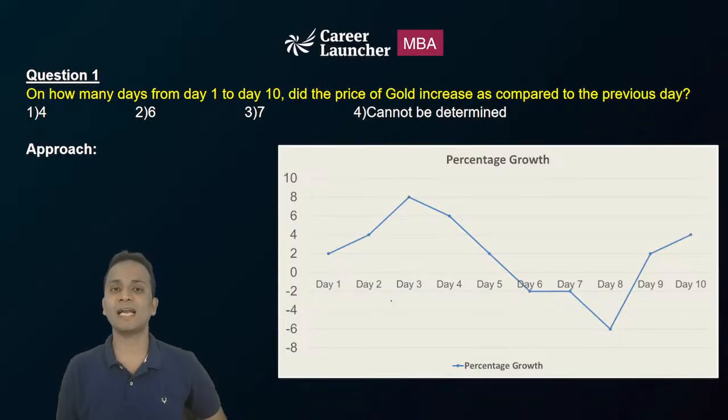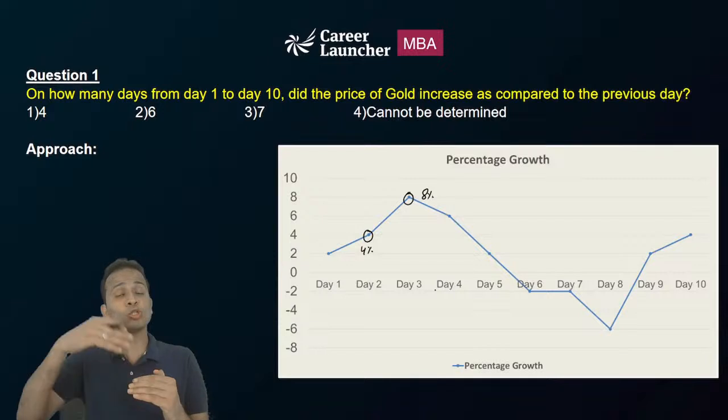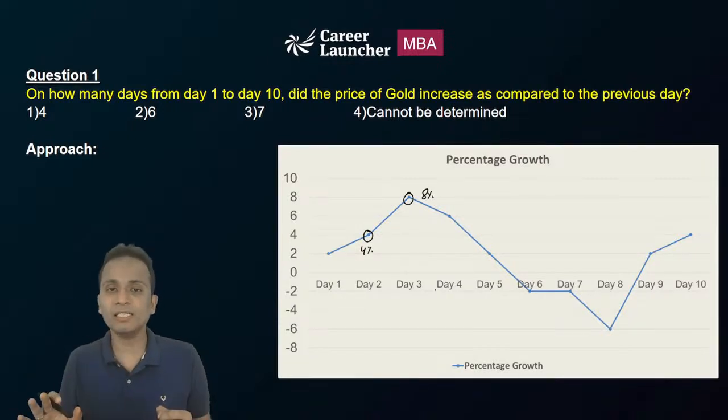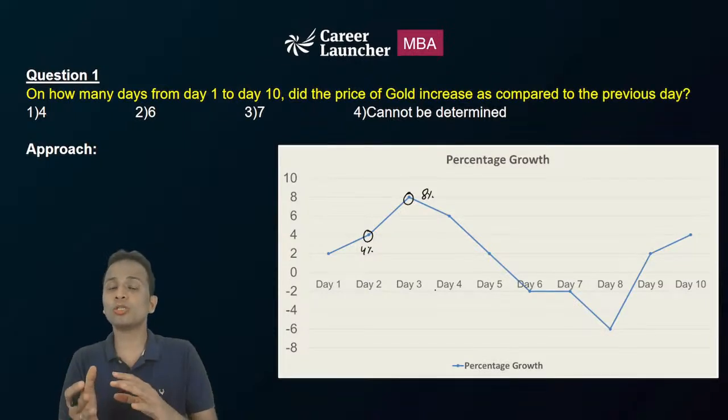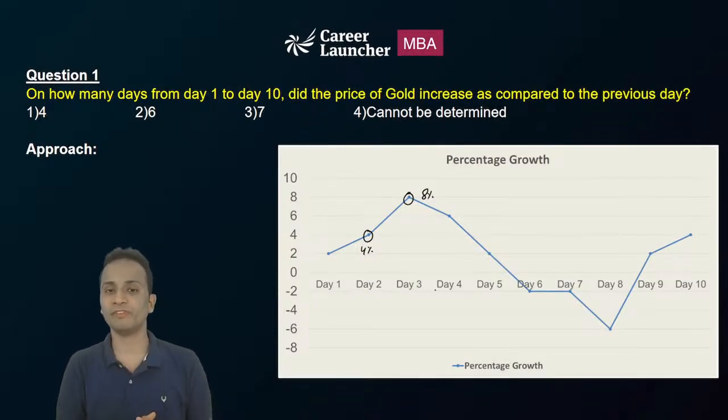Let us understand why. If I look at day 2 to day 3, on day 2 the growth is 4%, on day 3 the growth is 8%. Fine. So the growth percentage has increased from day 2 to day 3, but on both days growth has happened with respect to the previous day.